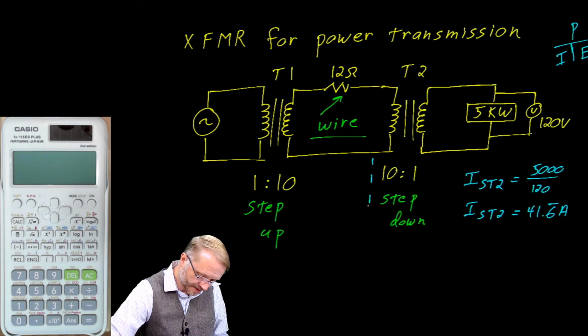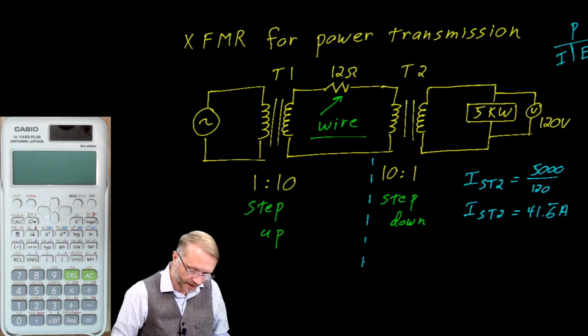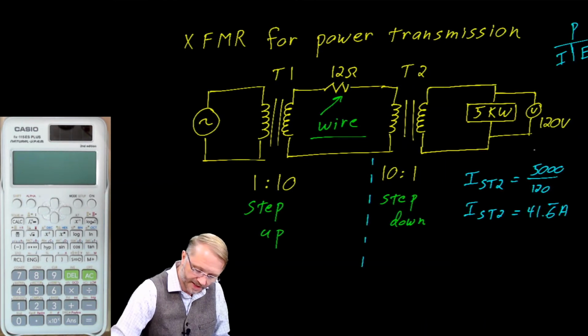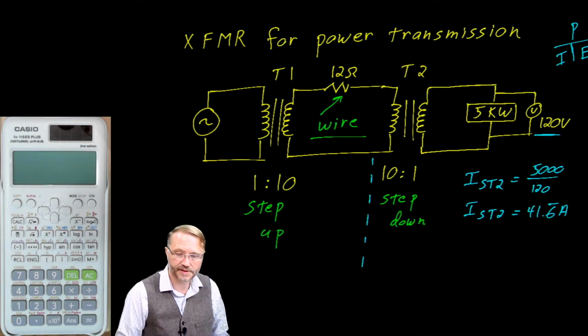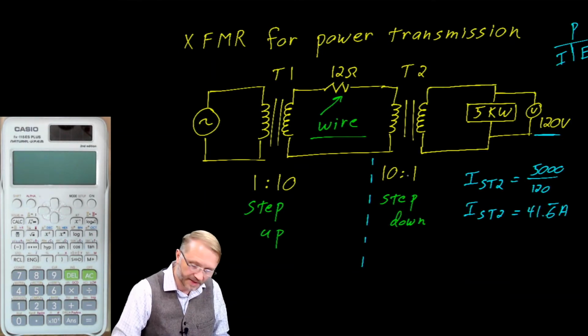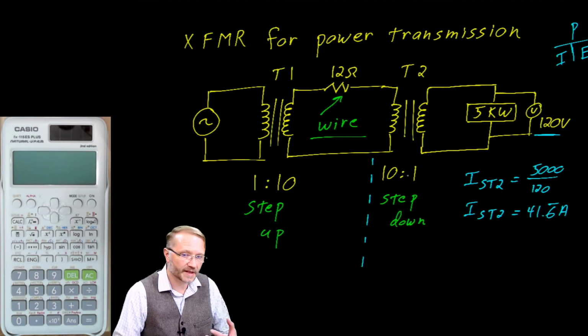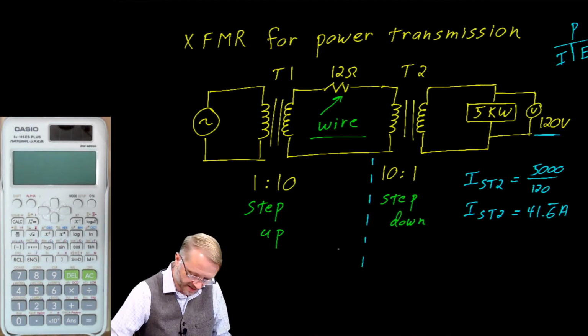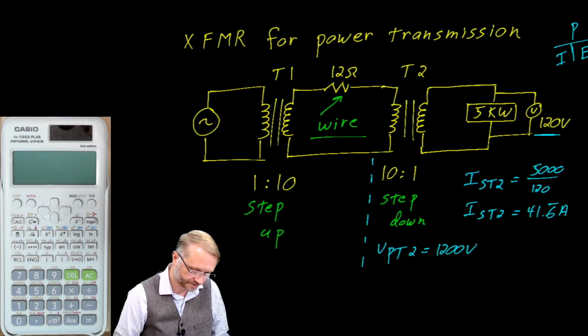We can now move to this part here, and by inspection, because this is 120 volts and this is a step-down transformer, we can say that it stepped the voltage down by a factor of 10. So the voltage on the primary of T2 is equal to 1200 volts.